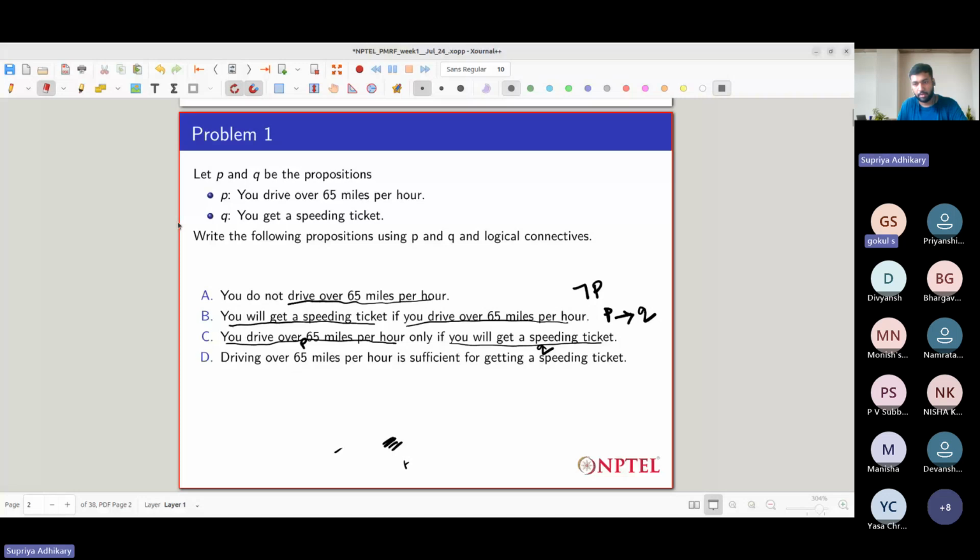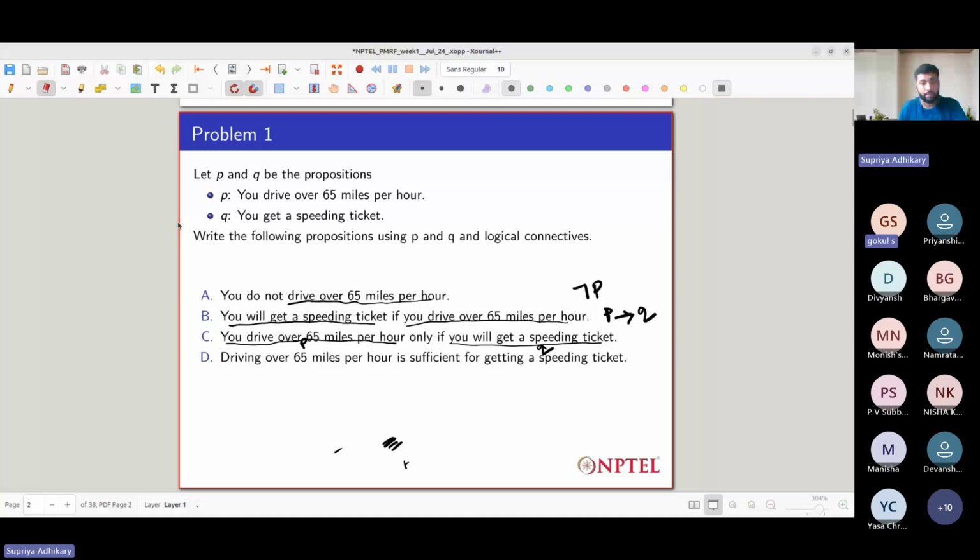Driving over 65 miles per hour is sufficient for Q. So this is again implies.